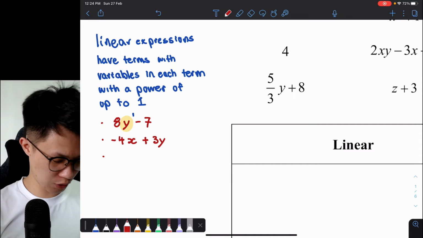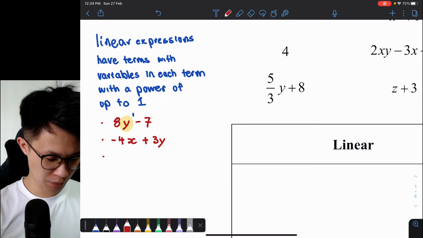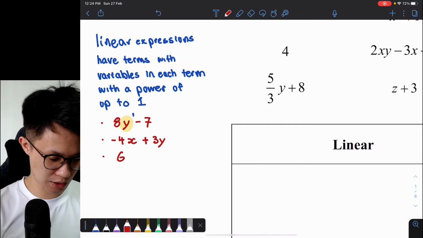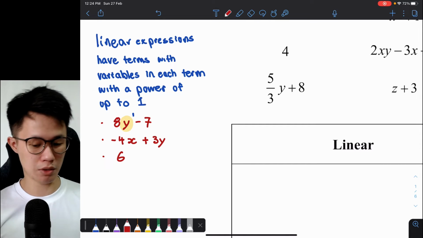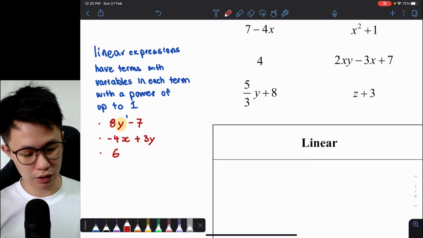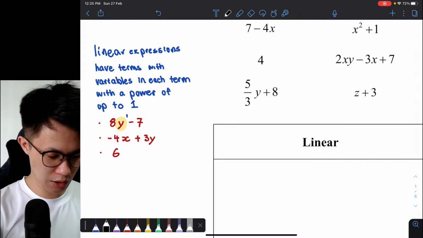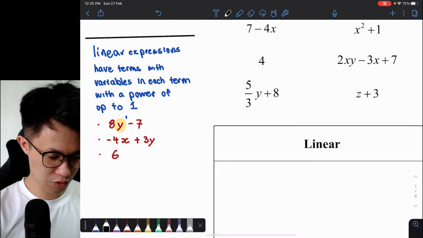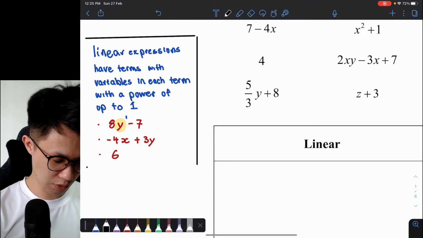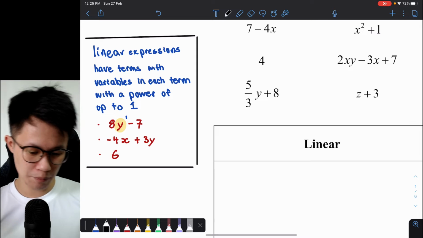What could also be linear is a constant term, let's say 6. Yes, this is a number, but if you put it in an expression, it could be an expression as well. So this is what linear expressions actually mean. I'm just going to draw a box so that you can write this down beside your notes.